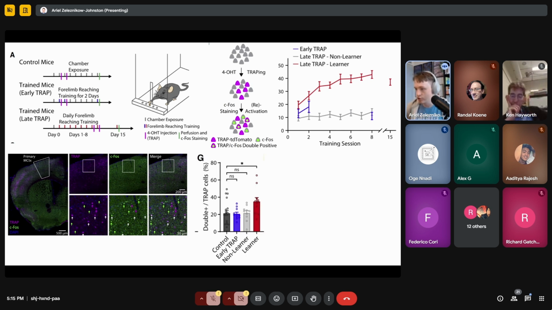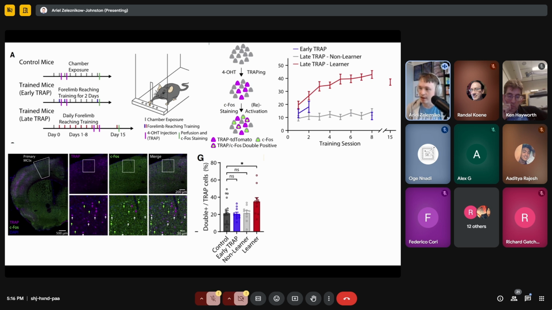Okay, and this is just to flag the difference in cells that were labeled by TRAP and labeled by cFos and what's happening over the course of the experiment. So basically what you're seeing here, double plus, is the number of cells that were tagged with both cFos and TRAP, divided by the number of cells that are tagged with TRAP.